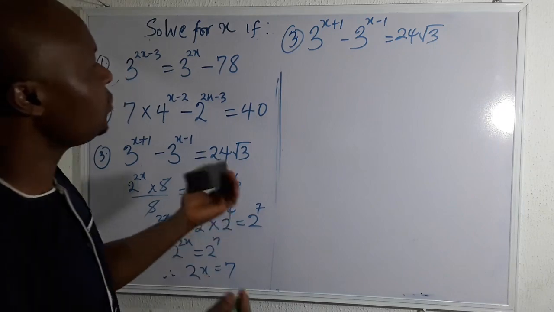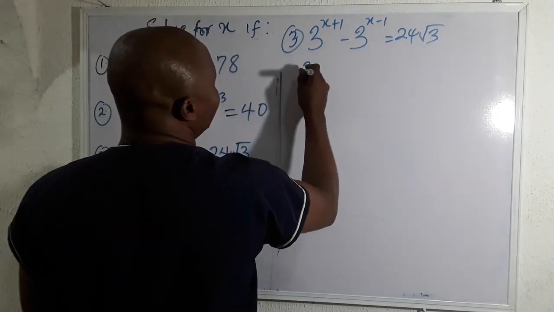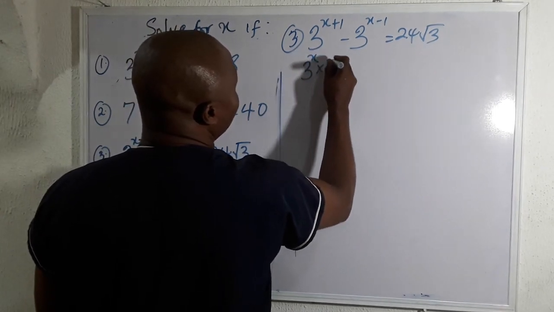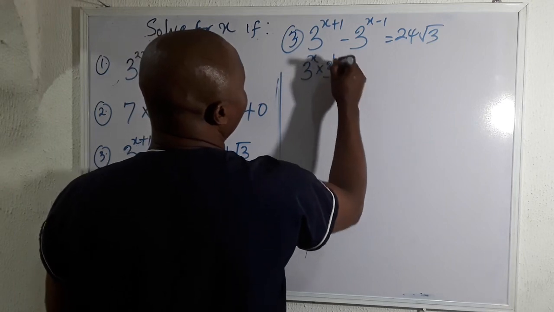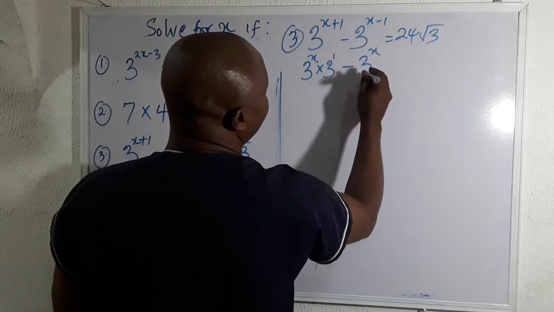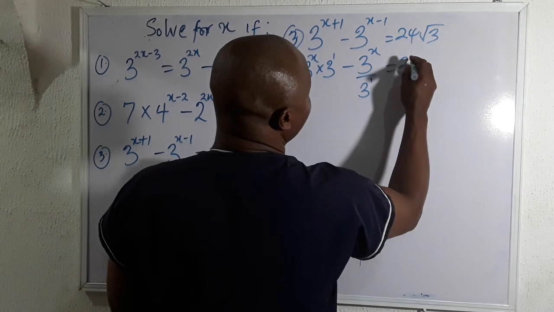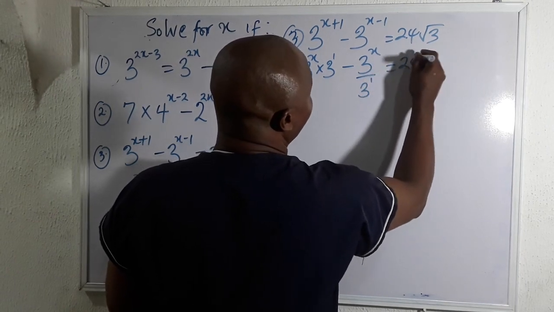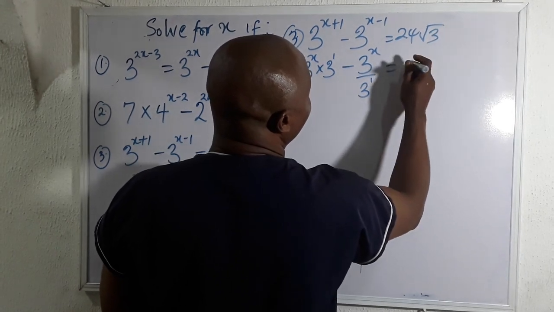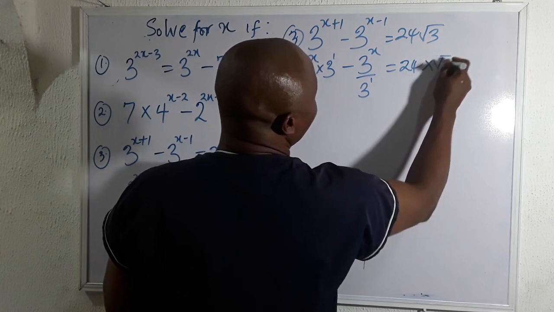The same thing we applied, we're going to write this as 3 raised to power x times 3 raised to power 1 minus 3 raised to power x divided by 3 raised to power 1 is equal to 24 times root 3.